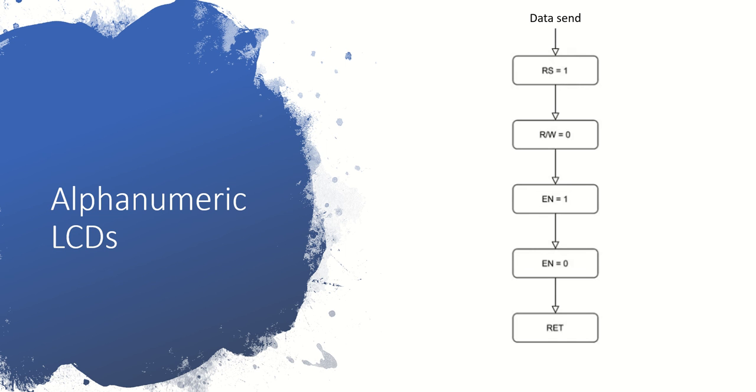This is the most important part, how you can do that. You need to write a simple code. Let's say you want to send data; how will you send it? If you want to send data, you need to make the RS pin 1. It is register select, and 1 is used for data selection.